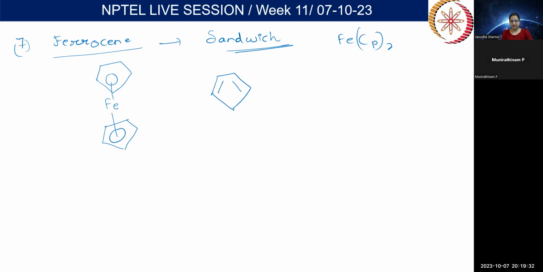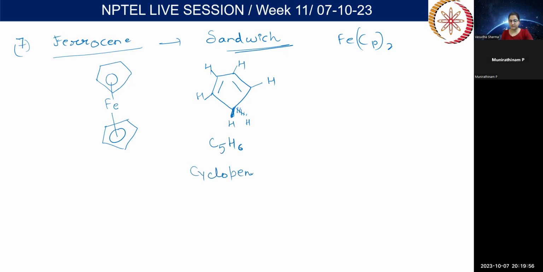It has five carbons, 1, 2, 3, 4, 5, and the sixth position is hydrogen. So this is C5H6, called cyclopentadiene.